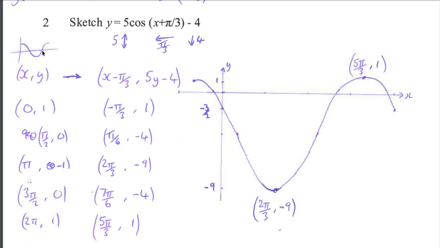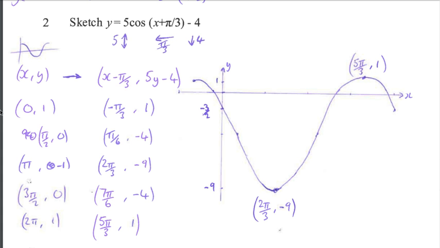And then 270, 0, which is 3 pi by 2, comma 0, because pi radians is 180, pi by 2 is 90, so 270 is 3 90s. So that's 3 pi by 2. And then we've got 360, comma 1 as we complete that full curve. So 2 pi radians is 360 degrees, so 2 pi, comma 1.